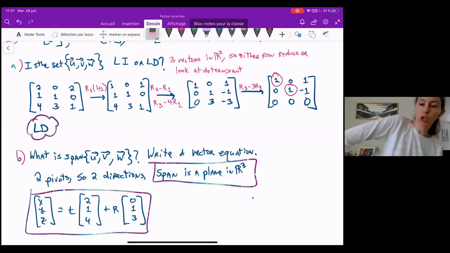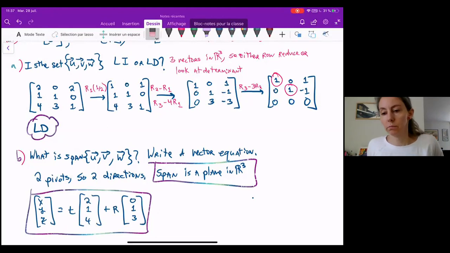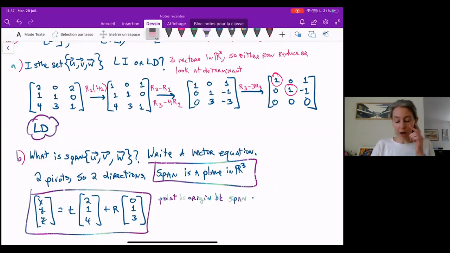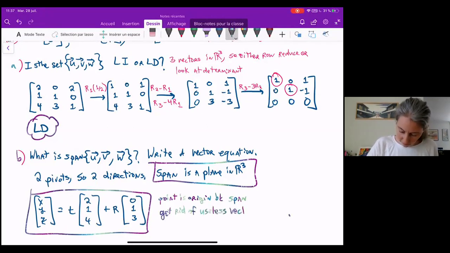And I just got rid of the useless vector to write my equation. We know that spans are lists of direction vectors. Yes, that is what you did wrong.